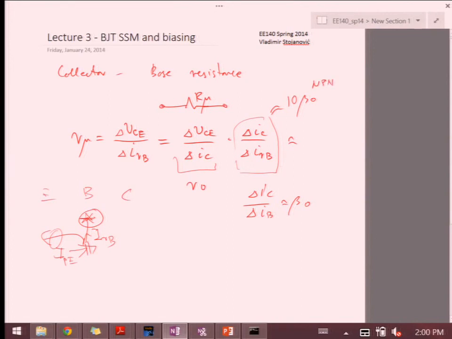So this is essentially 10 beta 0 R0. And this is all because IPE is much bigger than the recombination. Okay.